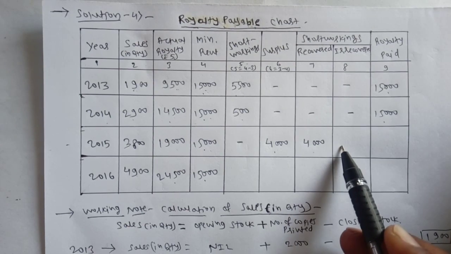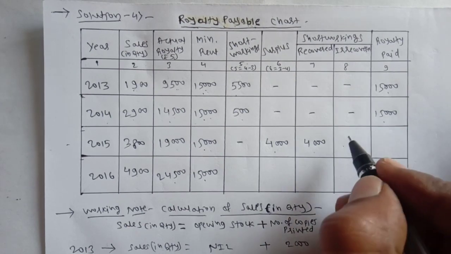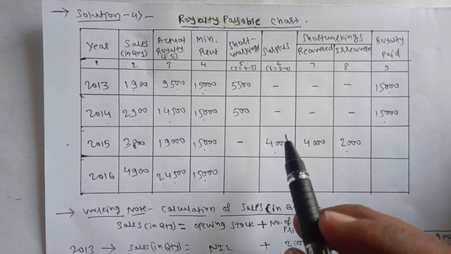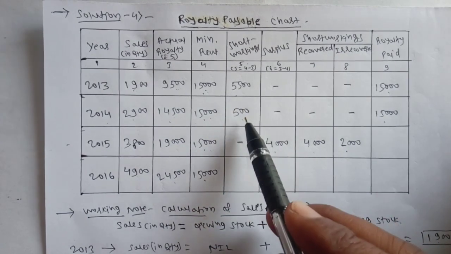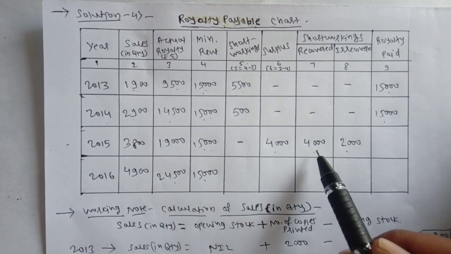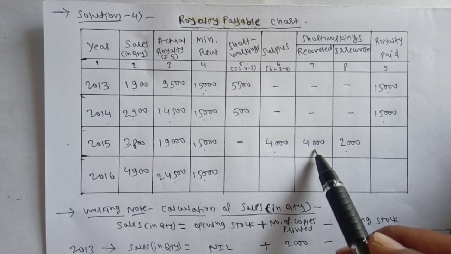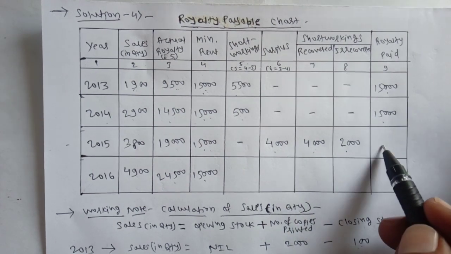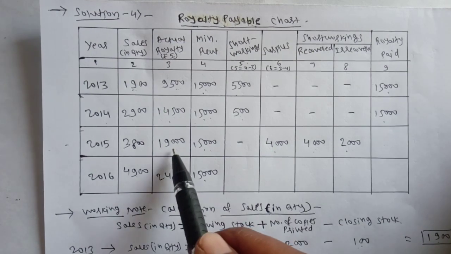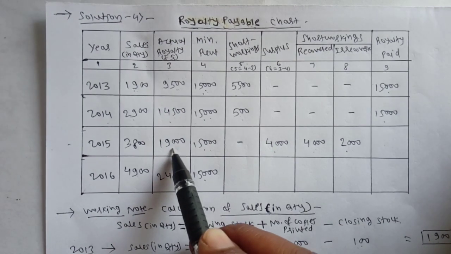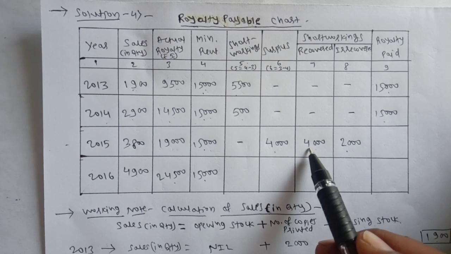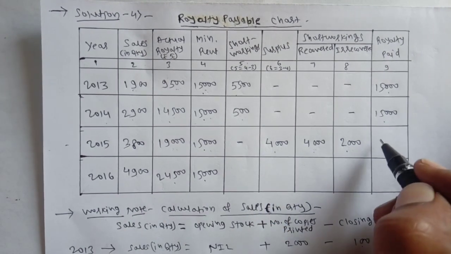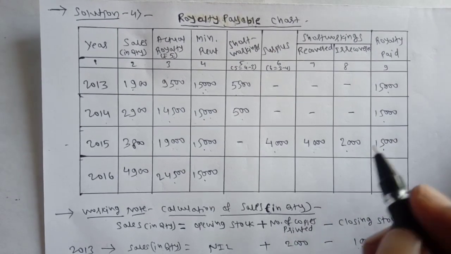How much is irrecovered? 2,000. How is it arrived at? 5,500 plus 500 is 6,000, minus 4,000 recovered, leaves 2,000 irrecovered. For royalty paid, actually 19,000 should be paid, but 4,000 of short workings is recovered, so 19,000 minus 4,000 is 15,000.